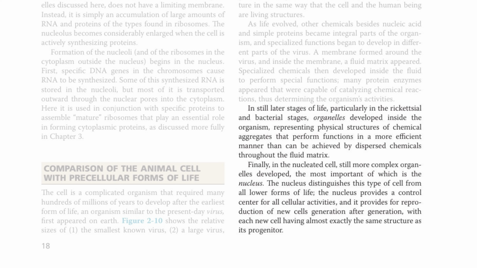Finally, in the nucleated cell, still more complex organelles developed, the most important of which is the nucleus. The nucleus distinguishes this type of cell from all lower forms of life. The nucleus provides a control center for all cellular activities, and it provides for reproduction of new cells generation after generation, with each new cell having almost exactly the same structure as its progenitor.